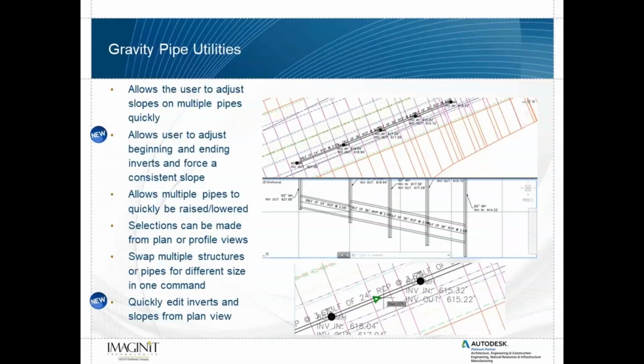The gravity pipe utilities are the second most popular tools that we've built. And we've got 4 or 5 of these tools now to manipulate gravity pipes. Everything from swapping multiple parts at one time. We had a tool that we added not that long ago to raise or lower an entire pipe run or a section of a pipe run.